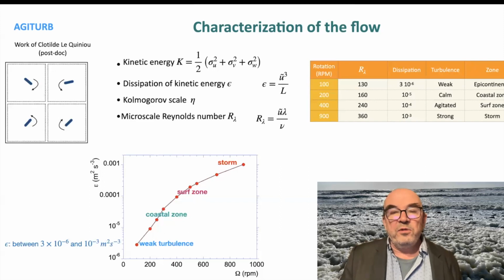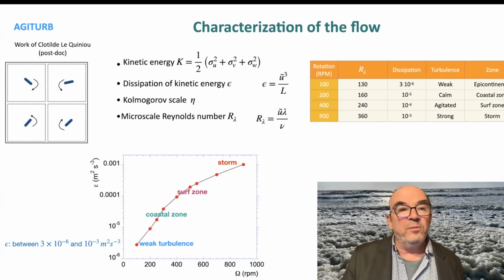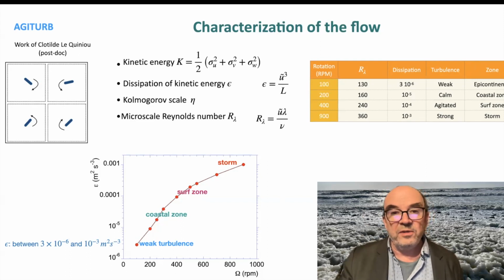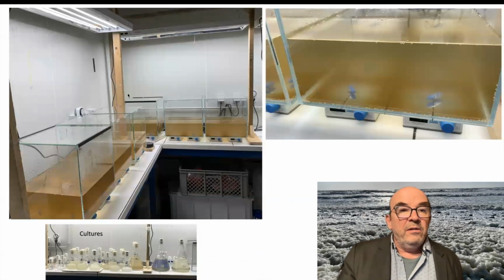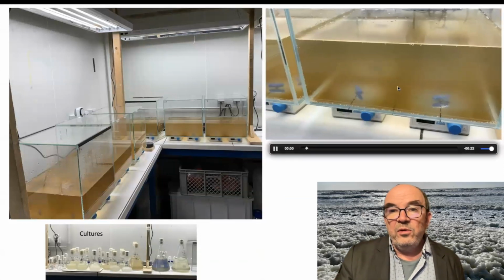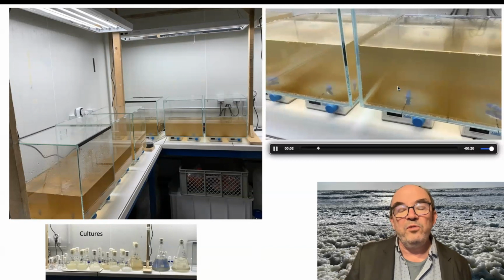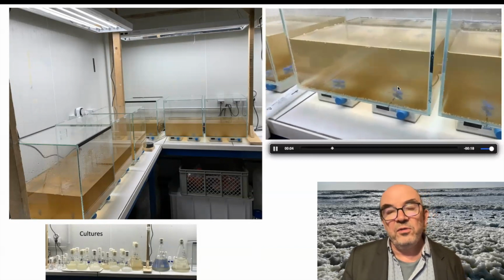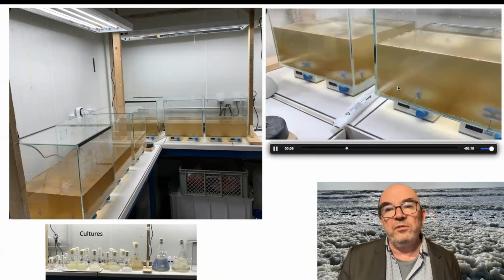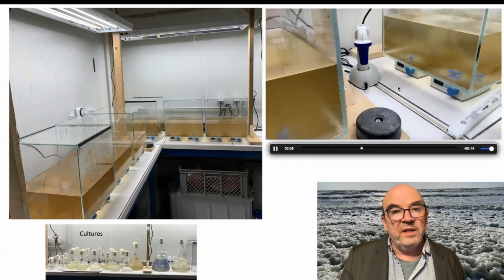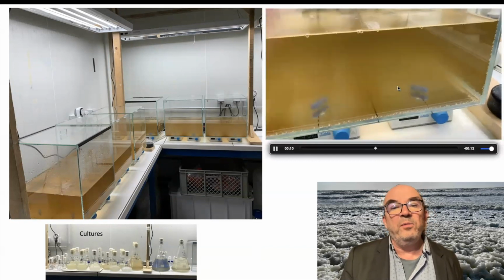This way, we can also obtain different values of the Reynolds number, and so it's a way to be able to characterize, in fact, the turbulence in the system and to reproduce what is obtained in the real conditions. Here we can see an example also of the system used with application to phytoplankton growth and different properties of the phytoplankton.